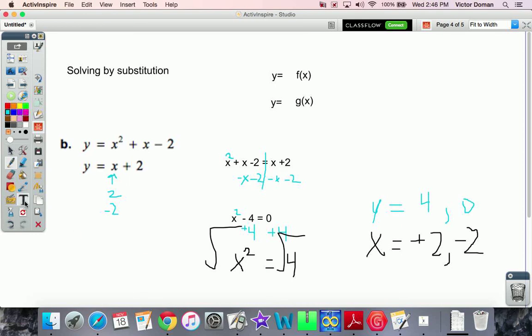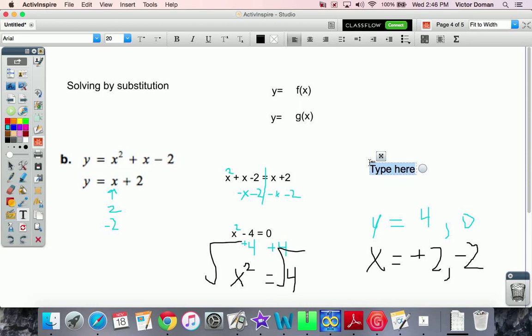So when I'm labeling my intersection points, my first one is going to be 2, 4, and my next one is negative 2, 0. Those are my solutions, and those are my intersection points.